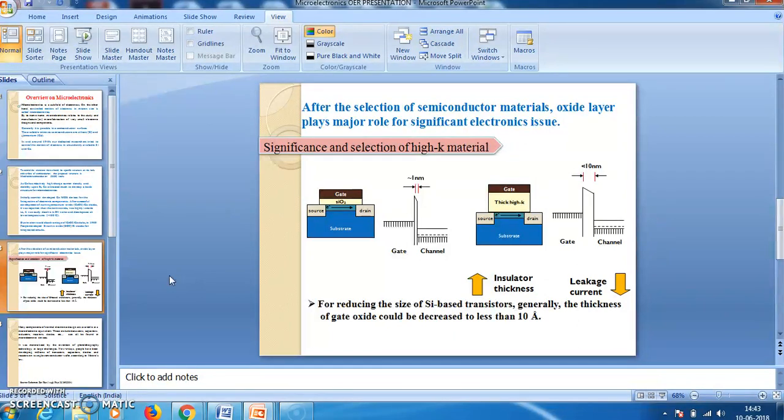High-K materials means we have so many high dielectric constant oxide and nitride materials. Among the different high-K materials, titanium oxide, tantalum oxide, zirconium oxide, and hafnium oxide have attracted researchers much. Among these four, titanium oxide and tantalum oxide are easy to deposit, and they have very good chemistry with the silicon substrate, but they have very low conduction band offset values.